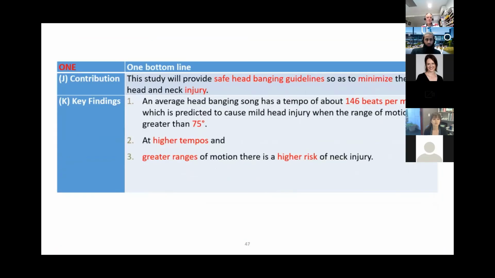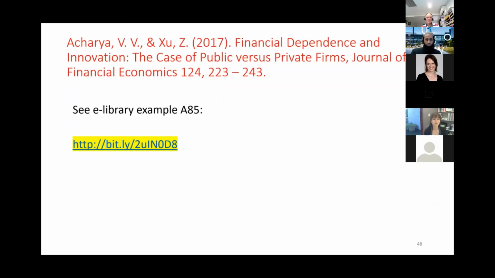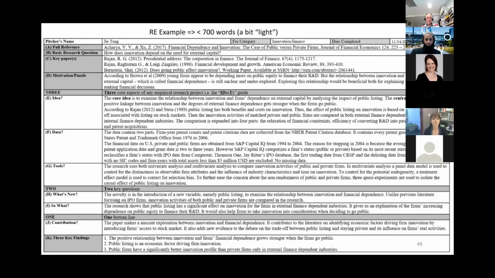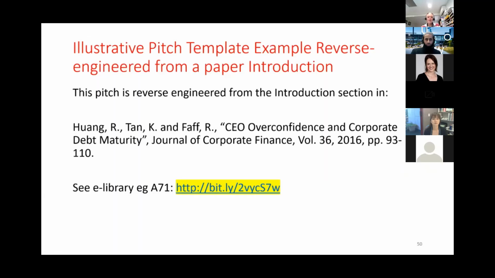Here's one on financial dependence and innovation. So it's a JFE paper by Acharya and Zhu, which we can see here, so you can have a look at that yourselves later. I think I'm just going to spend a couple of minutes talking about the RE exercise applied to the introduction, just to give you a different angle on this.